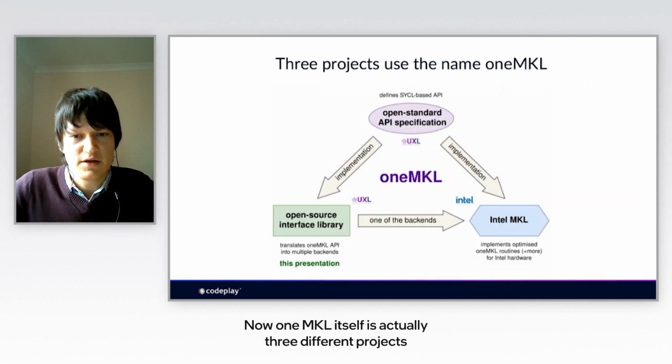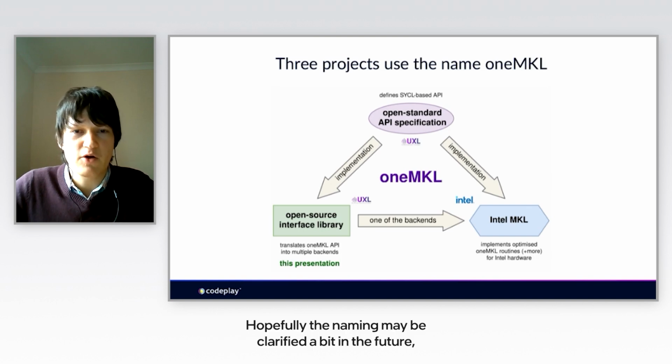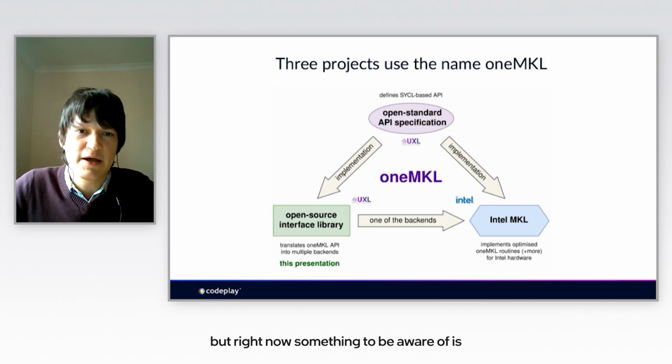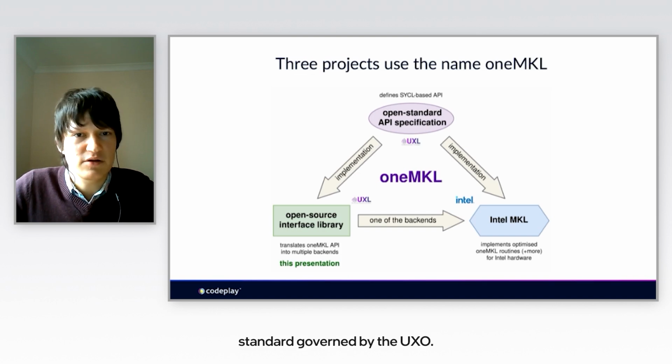Now, oneMKL itself is actually three different projects using the same name, slightly confusingly. Hopefully, the naming may be clarified a bit in the future, but right now, something to be aware of is that oneMKL is the open standard API specification, which is the part of the oneAPI standard governed by the UXL.